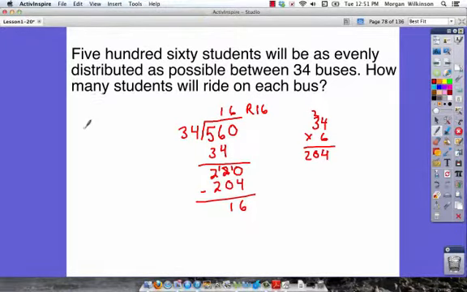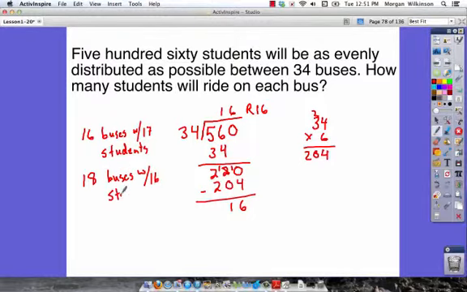So let's look at what that would look like. If we have 16 buses with a total of 17 students, that will leave us with 18 buses with 16 students.